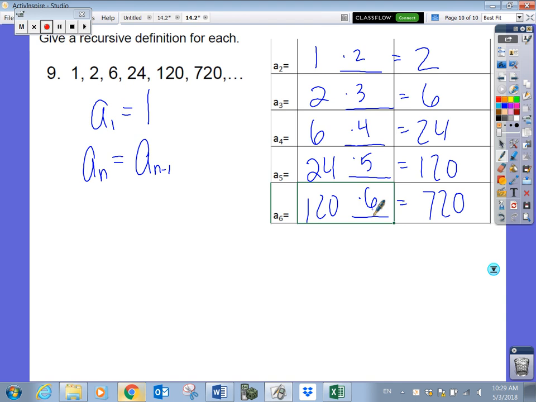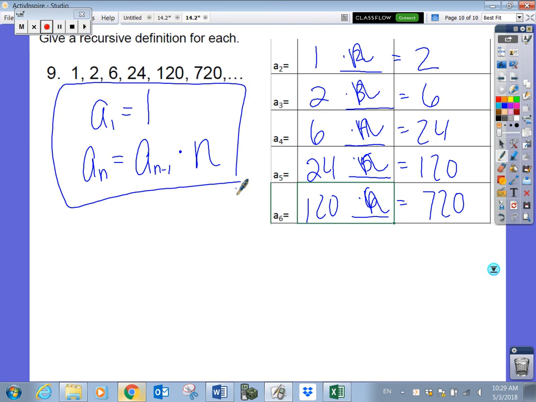And a lot of times if you don't see the pattern, when you see it on paper, now it comes to you. So if you make this table and you see 2, 3, 4, 5, 6, n is 2, n is 3, n is 4, n is 5, n is 6, we can replace this with n. So all we're doing is we're taking the previous term and multiplying it by n. And there's your recursive definition.